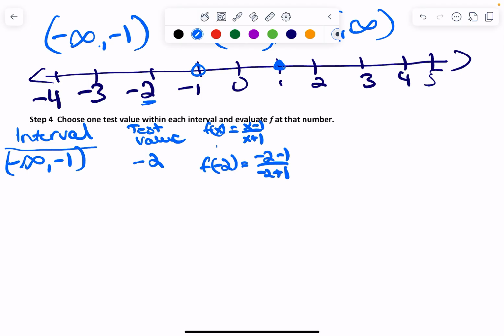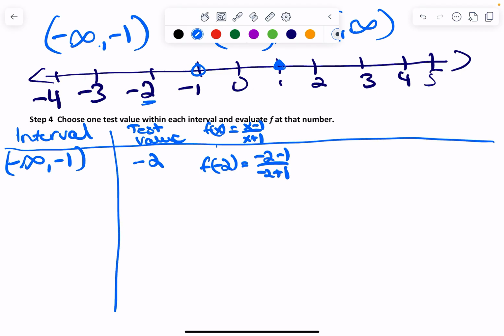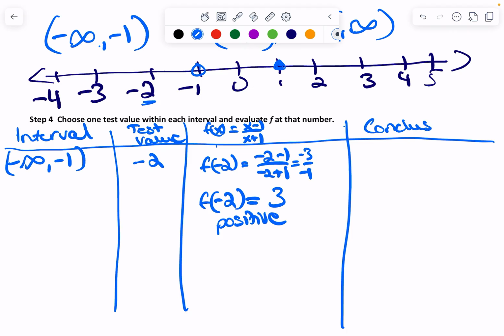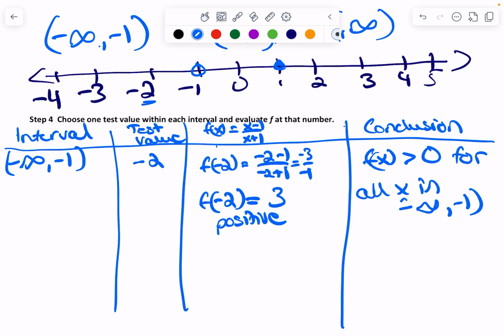I probably should make the table here, but I was being lazy and didn't. Negative 2 minus 1 is negative 3, divided by negative 1. The negatives cancel each other out, so f of negative 2 is 3. So we have a positive here. The conclusion is that f of x is going to be positive, greater than 0, for all x in negative infinity to negative 1.